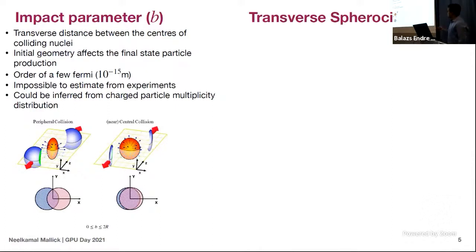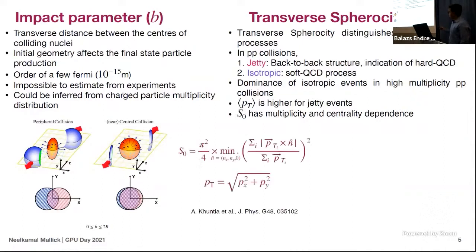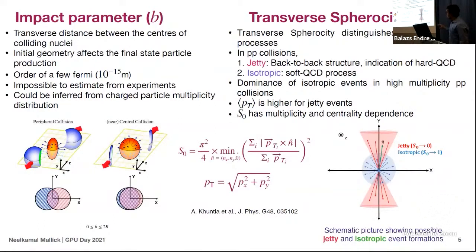And there is another observable which is quite new in heavy ion collisions. This is the transverse velocity. If you observe this diagram over here, for every collision there are two possibilities. The particles can move back to back, producing a jet, which is shown like this in a red cone.